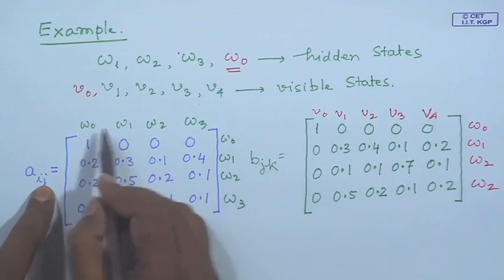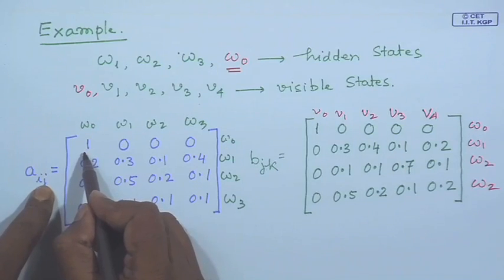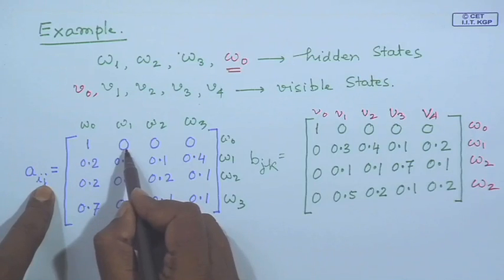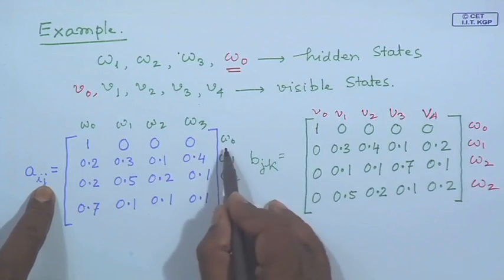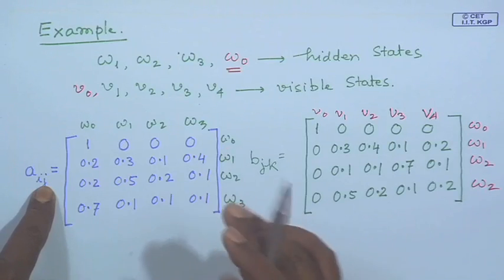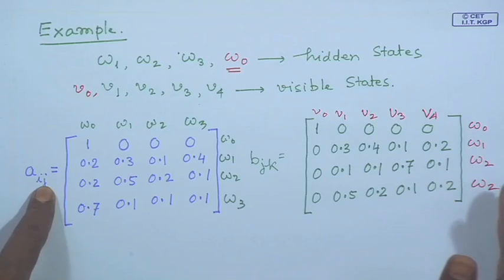That means, once the machine is in state omega 0, it will always remain in omega 0. The transition probability to omega 0 is equal to 1. Transition probability to any other state is 0. Which indicates that from omega 0, the machine cannot make a transition to any state other than omega 0. So, it will remain in the accepting state only.